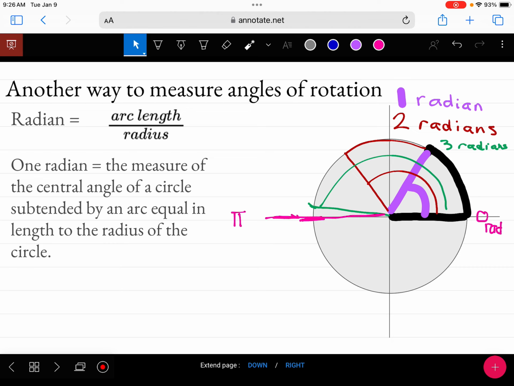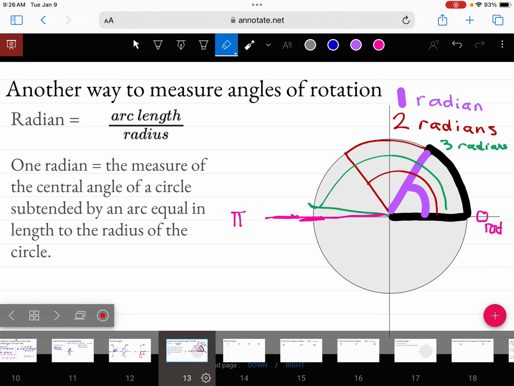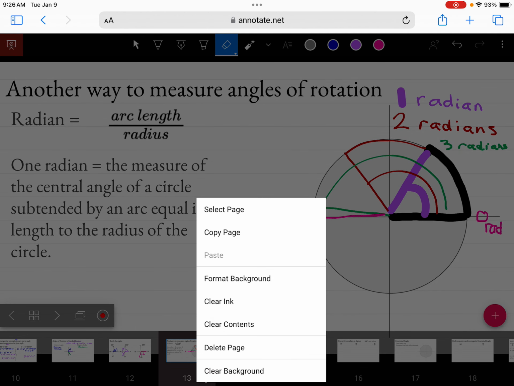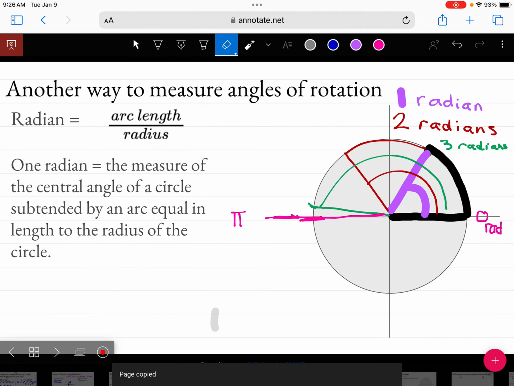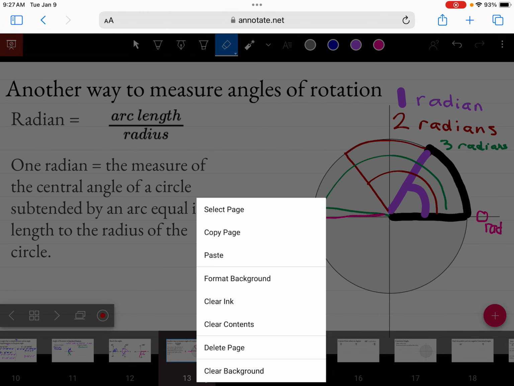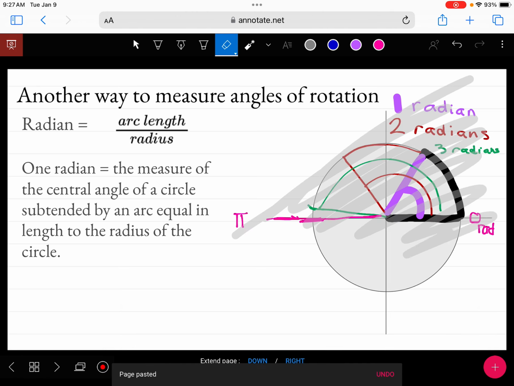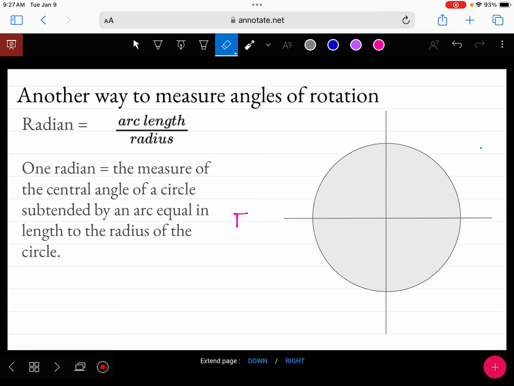No, naturally no. All right. We're gonna. Copy page. There we go. Paste. There we go. All right. I promise I still have them on a previous page.